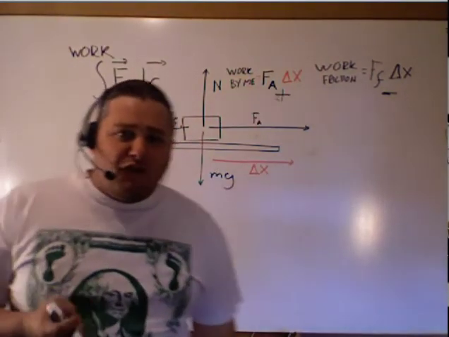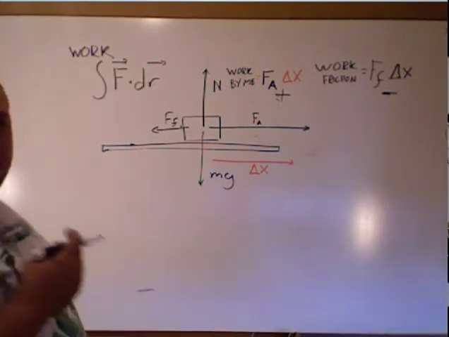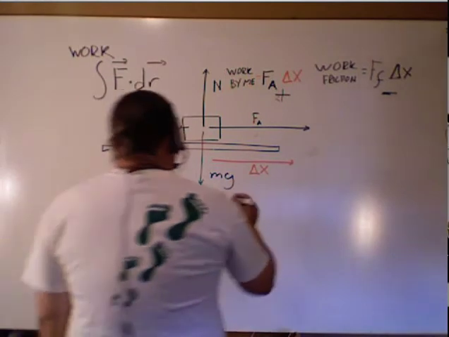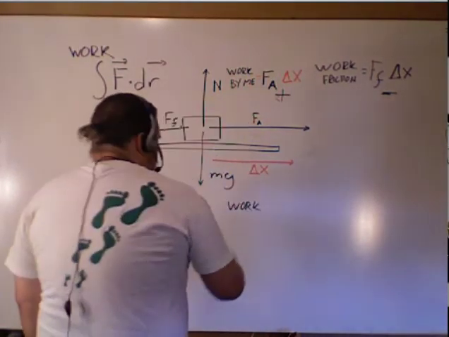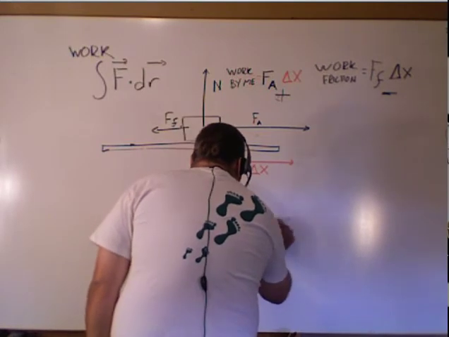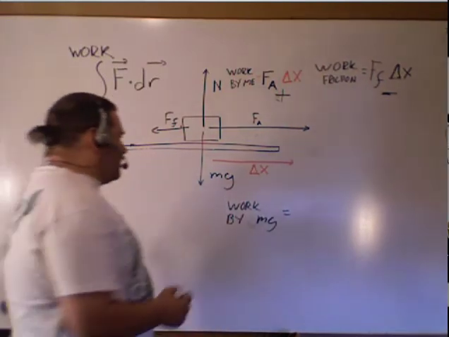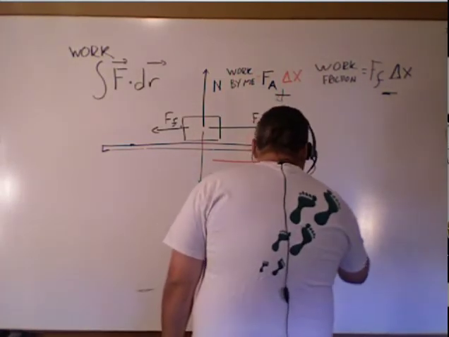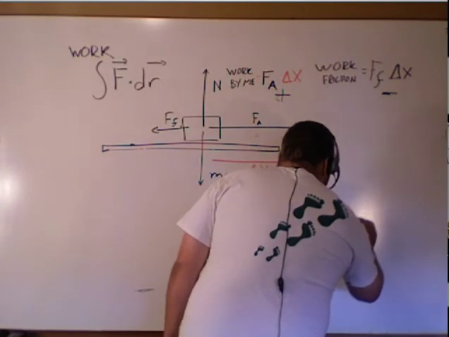Now I also have two new forces in here: a normal force and the gravitational force. If I were to talk about the work done by these, well, it's force times the change in position. So there's the force, and here's the change in position.